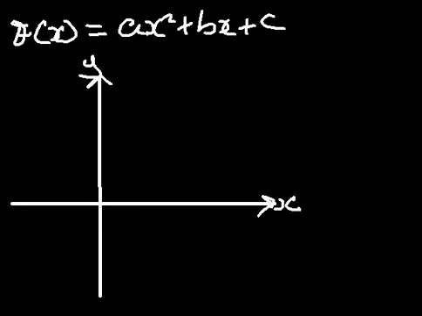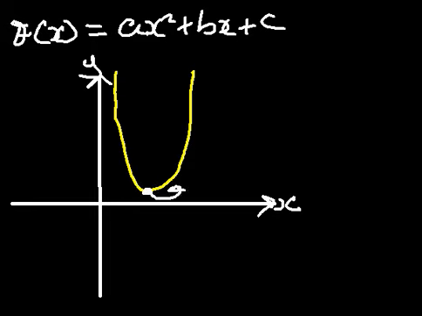Now, let's say we have the typical quadratic graph as this. This is the typical quadratic graph we should expect. In this case, this is said to be the vertex or the turning point.